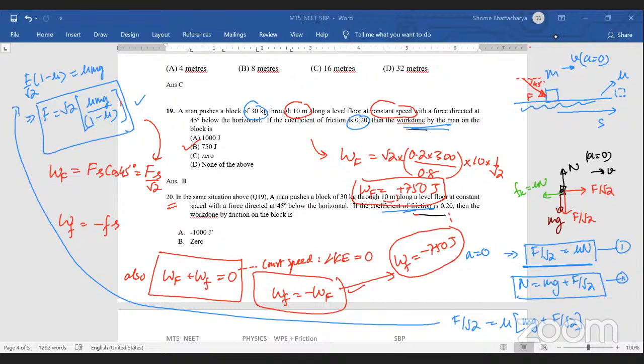Do the calculation yourself once and make sure you're able to understand how we got 750 joules here and minus 750 joules for the work done by friction.